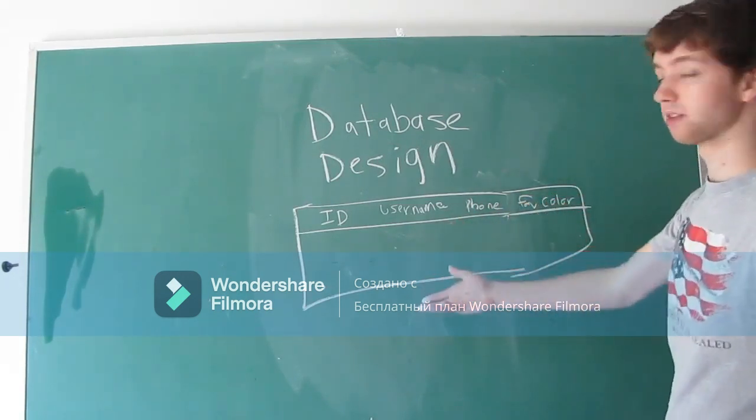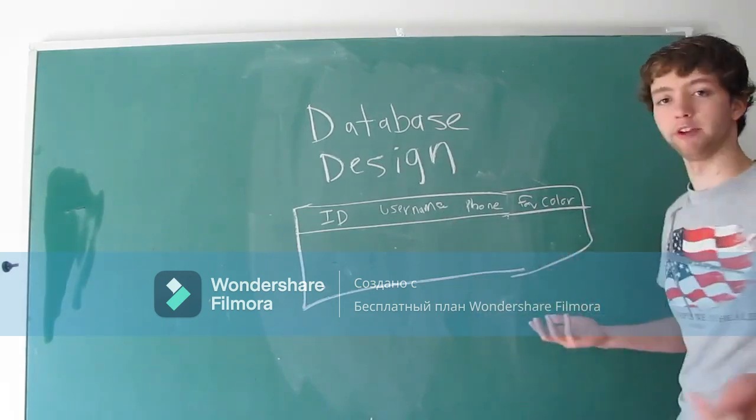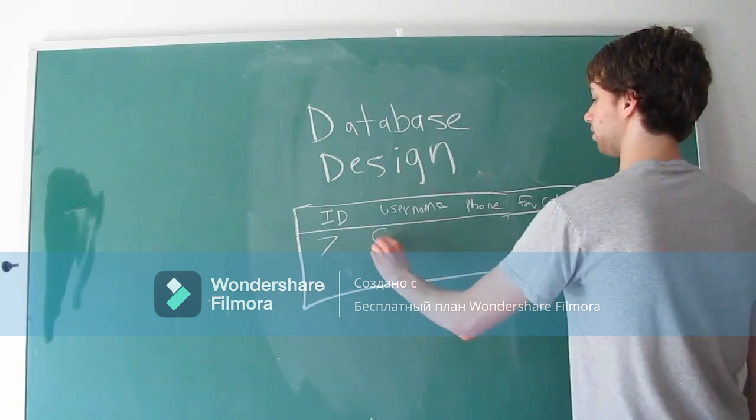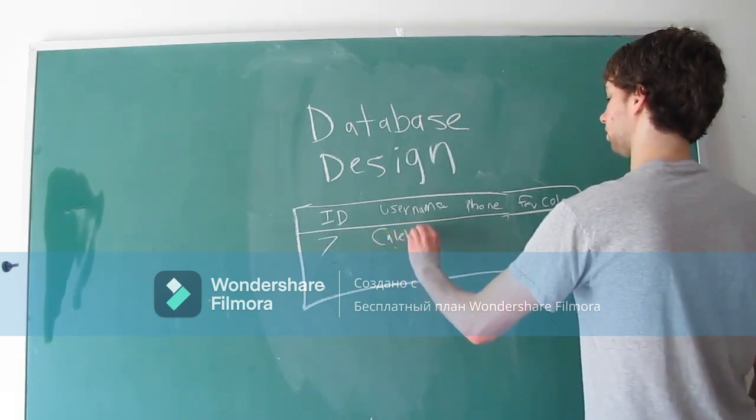When we store it like this, well, if we need to put a new favorite color, we have the ID 7, that's me. We have the username Caleb Curry.